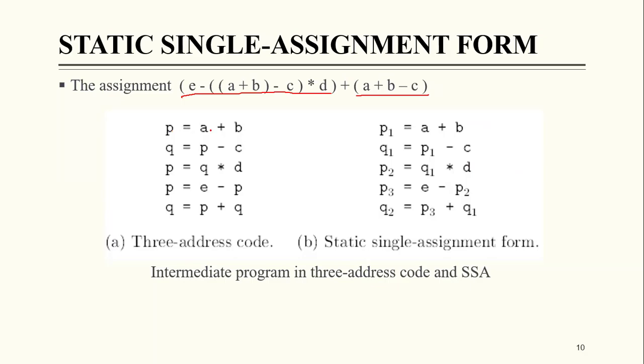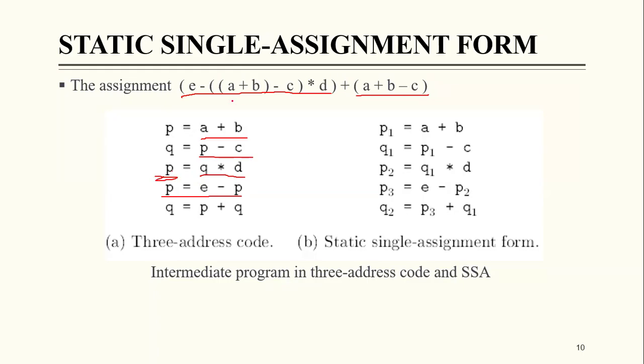Initially P has the inner sub expression, that is A plus B. And next this A plus B gets subtracted with C, that is Q equal to P minus C. And next again P equal to Q star D. Q means we have already A plus B minus C, that we are multiplying with D, right? And next we have to subtract from E, so E minus P, where this P contains A plus B minus C star D.